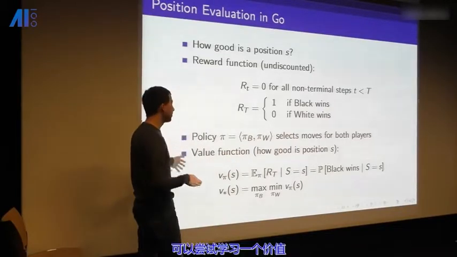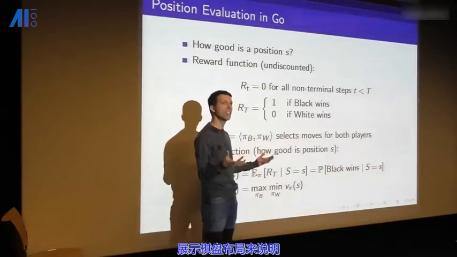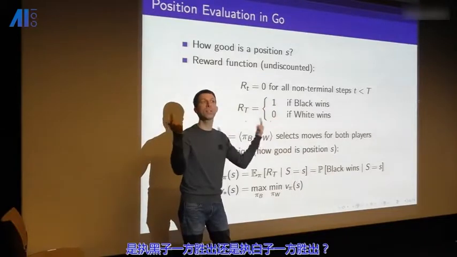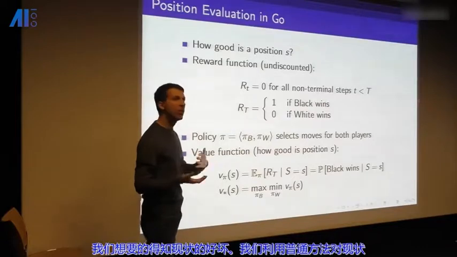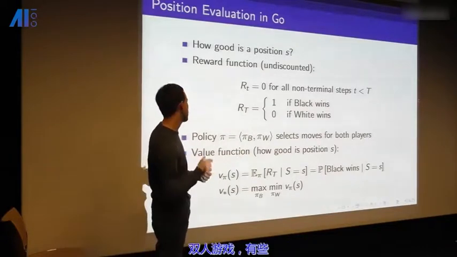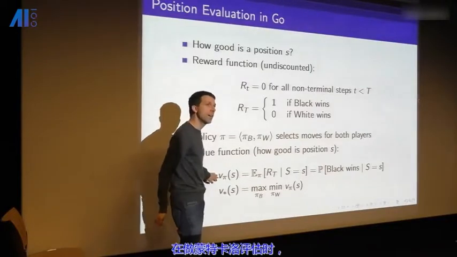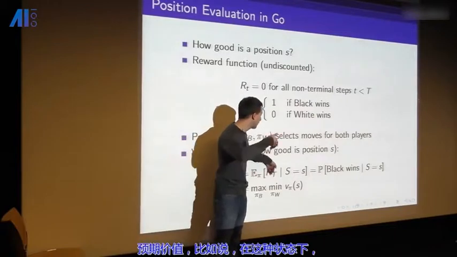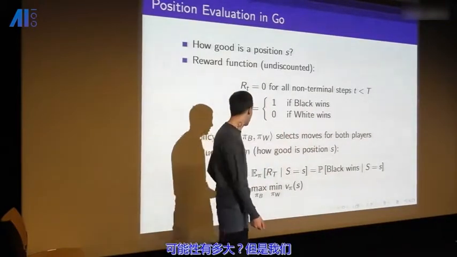And we're basically going to try and learn a value function, which essentially tells us how good some position S is. Like if I show you this board configuration, is it good? Is black going to win or is white going to win? I want to know if this thing's good. And we define it in the usual way, but because it's a two-player game, there's just a little twist. So now when we do our rollouts, when we do our Monte Carlo evaluation, we're trying to learn the expected value, like will I win on average from this position, the probability that black wins from this position.